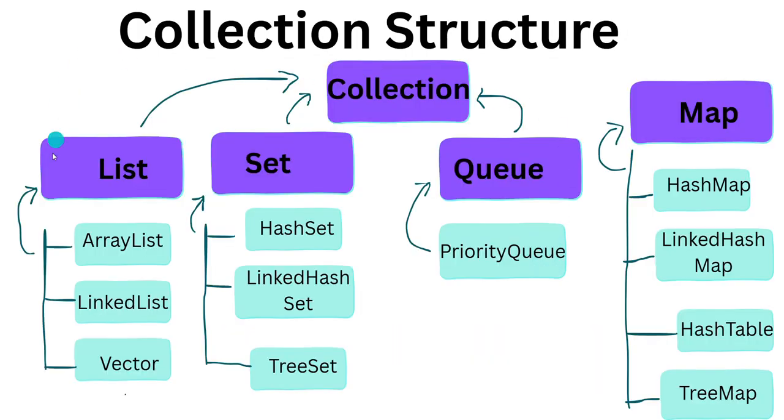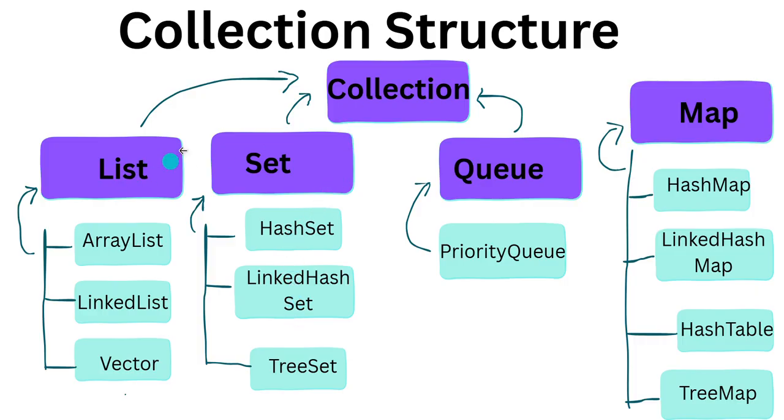So what is the collection structure? Don't worry if you feel it is a little boring or theoretical; soon we will be resolving your issue. It is basically classes, and everything in blue are the interfaces, and everything in green are the concrete classes. Concrete classes means classes where we can create objects.